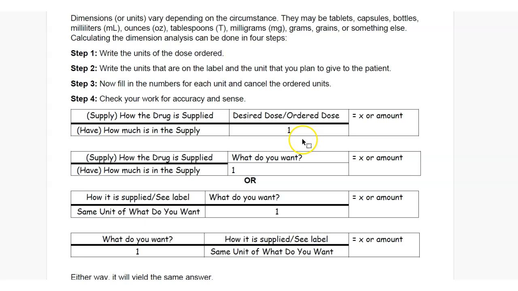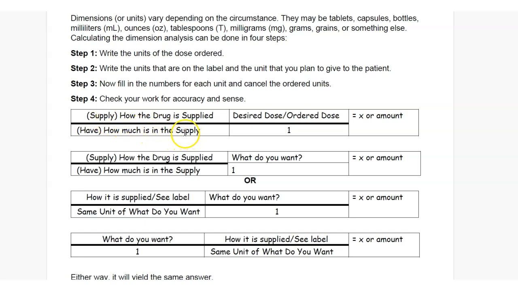So it's up to you. You can use this or the other. But basically when you're setting it up, you have to decide what numbers go on top and what numbers would go at the bottom. One method is starting with your supply, so how the drug is supplied. So if it's in ml, tablet, whatever, over how much is in the supply.